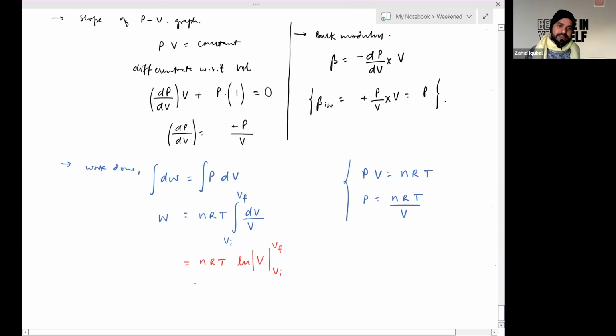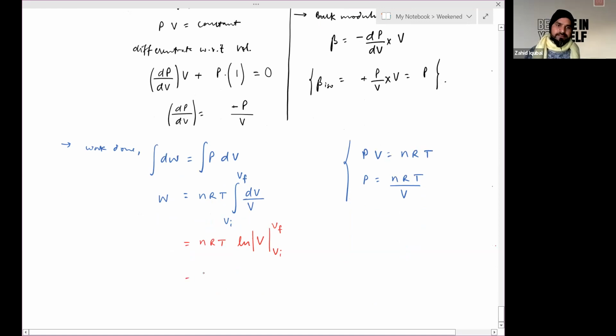Now on putting the limits, you get nRT times ln V final minus ln V initial. Using the property log m minus log n equals log m by n, it will be nRT ln V final divided by V initial. So this will be your final expression of work done.